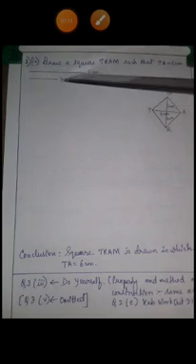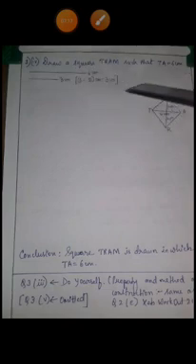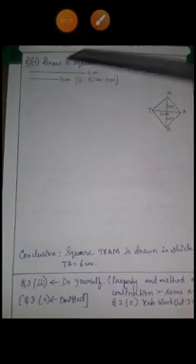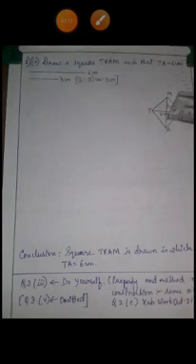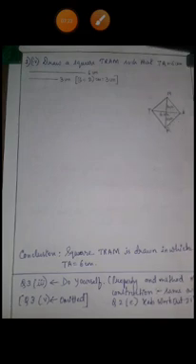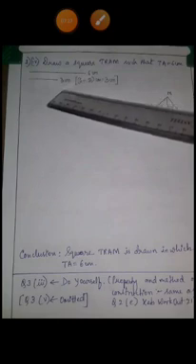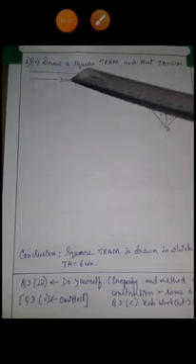Students, here you can see that another diagonal which is of length 6 centimeter, if I bisect it, you will get 3 on top and 3 at the bottom. So that is why I have drawn the two line segments, one of 6 centimeter, another of 3 centimeter. At first we are going to draw a ray.